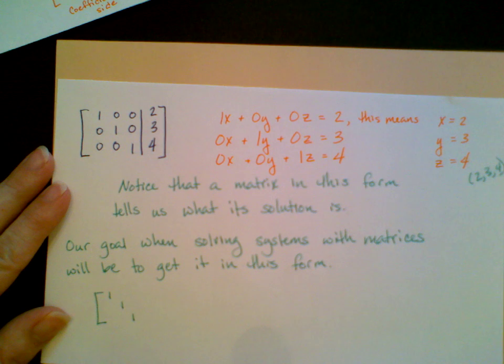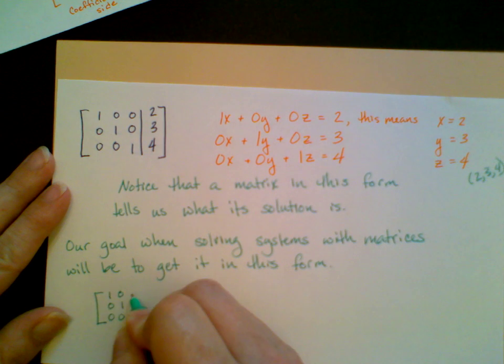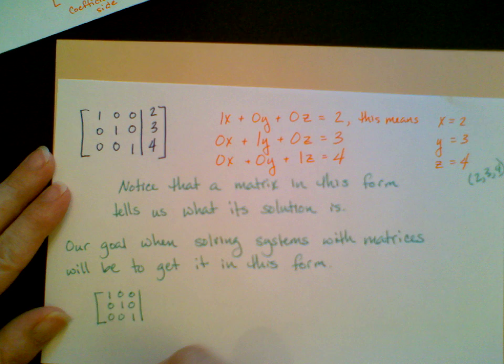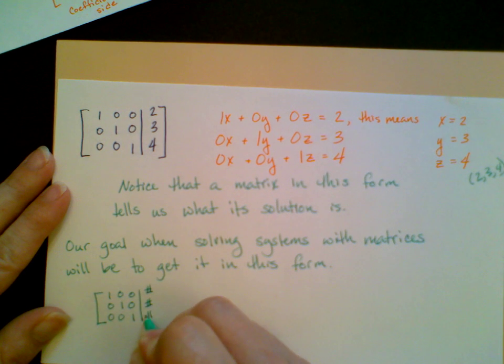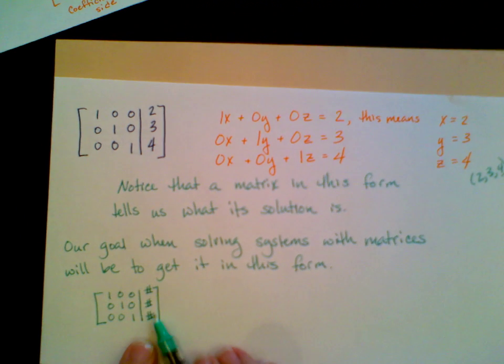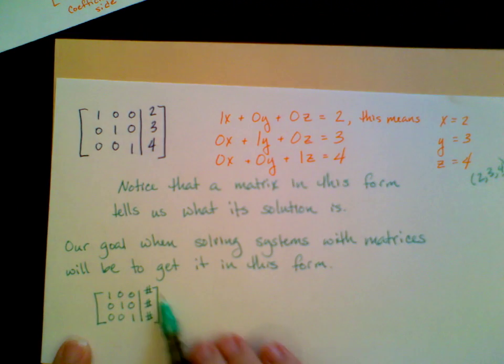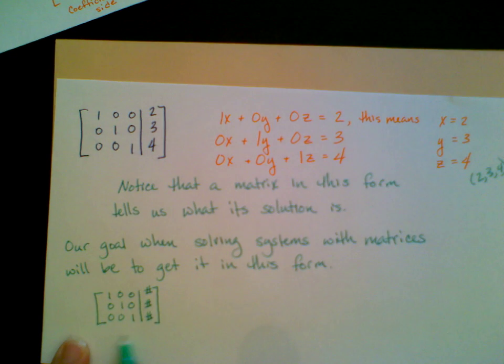Remember, that's ones along the principal diagonal, zeros everywhere else on the coefficient side, some column of numbers. Now, this is not precise mathematical notation here. I'm writing this as a shorthand to remember what the goal should look like, that there should be numbers here. This is what it'll look like for a three-dimensional system.